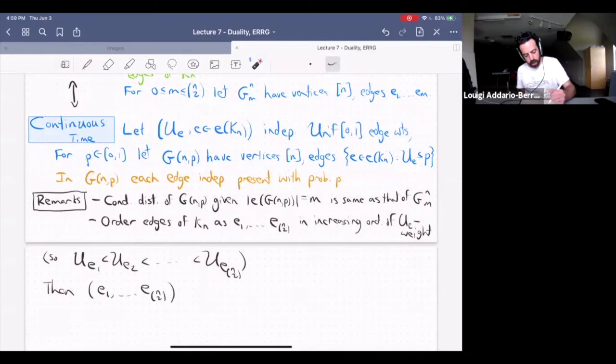Again, by the exchangeability of the edge weights, the order statistics form a uniform permutation.